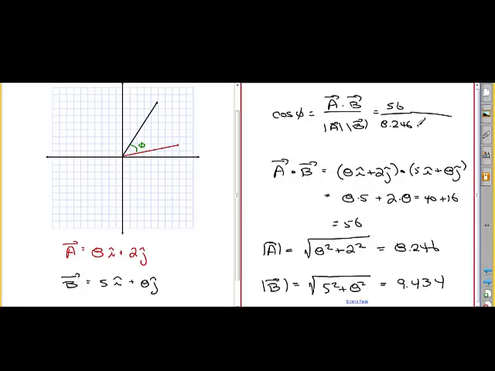8.246 times 9.434. So you get 56 divided by 8.246 divided by 9.434. And I get 0.7199.